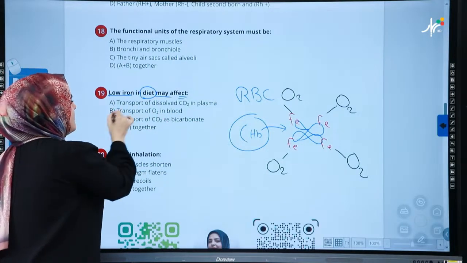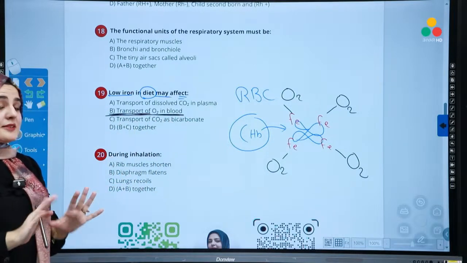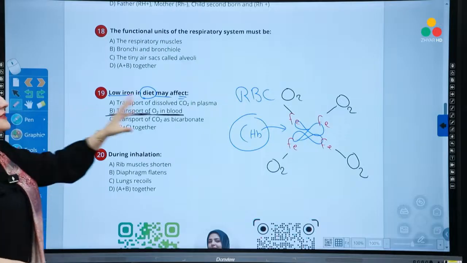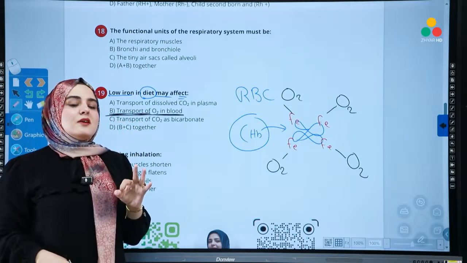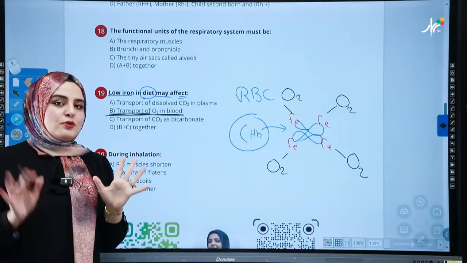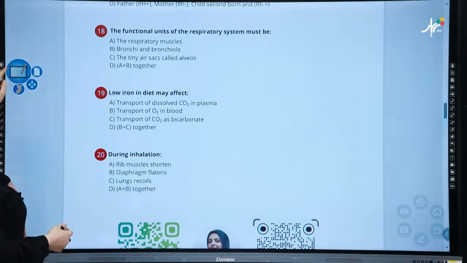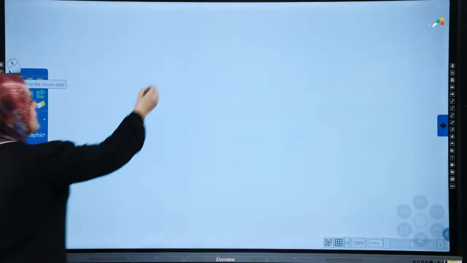It says here may affect. So this is something we're looking for. But is that all? No. Why? Because CO2 is transported in 3 ways. One of the ways is hemoglobin, all right? But let's find out if it's the one we're talking about. Let's clear this up and bring it.